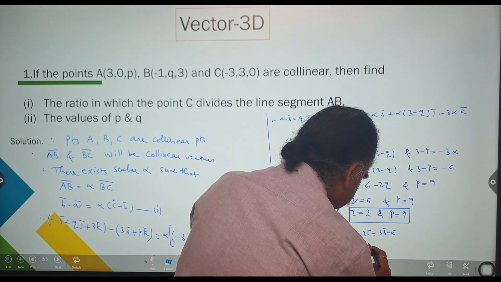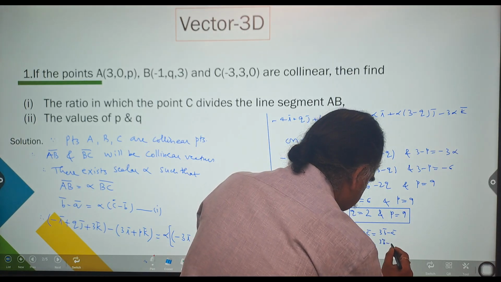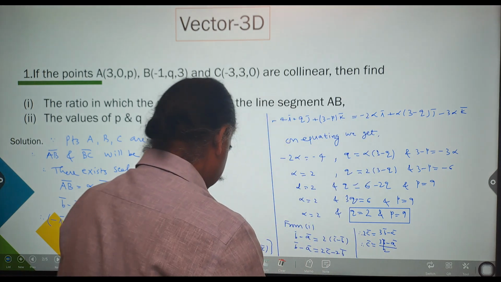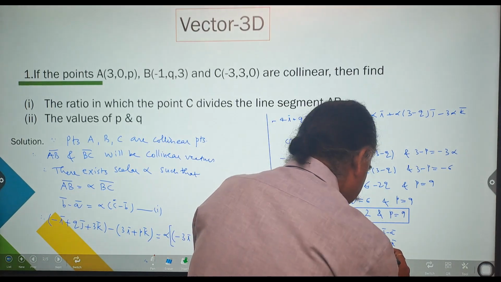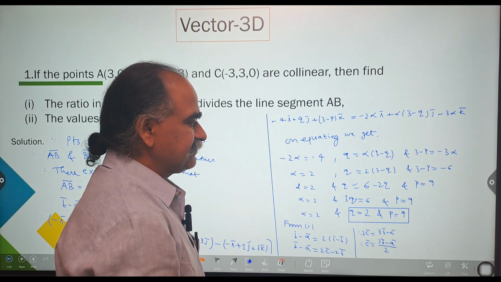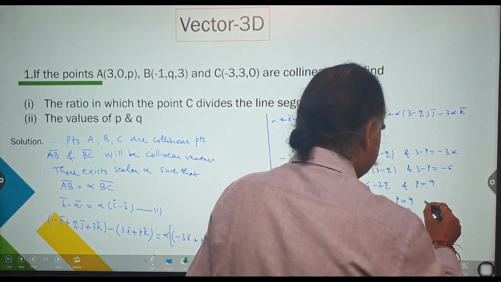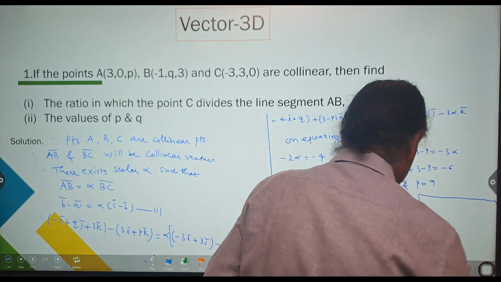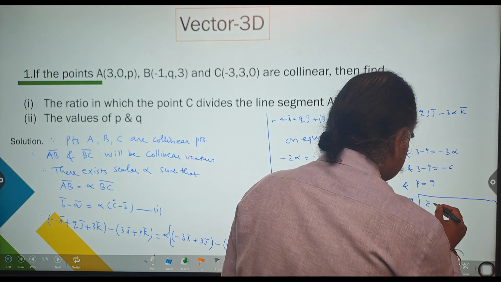So C bar is what? (3B bar minus A bar) upon 2.